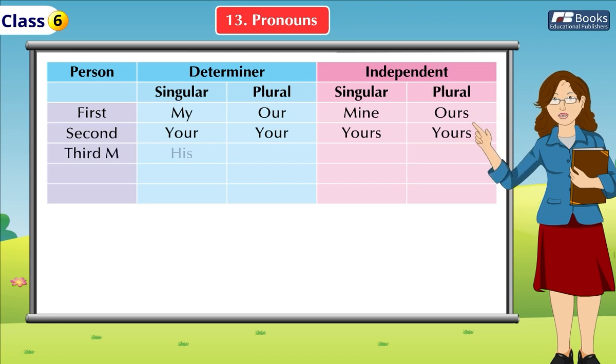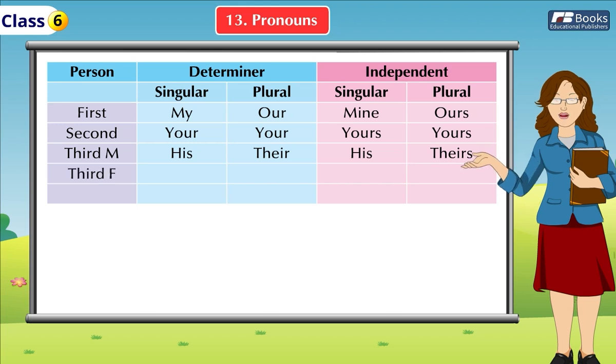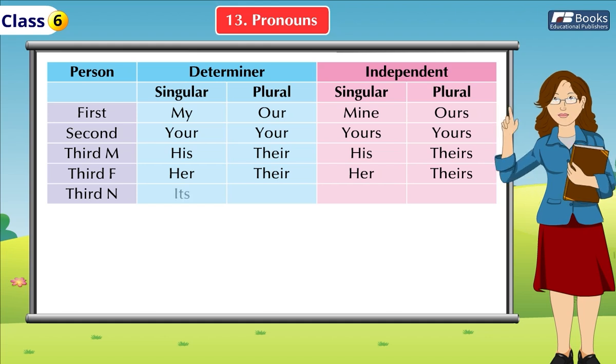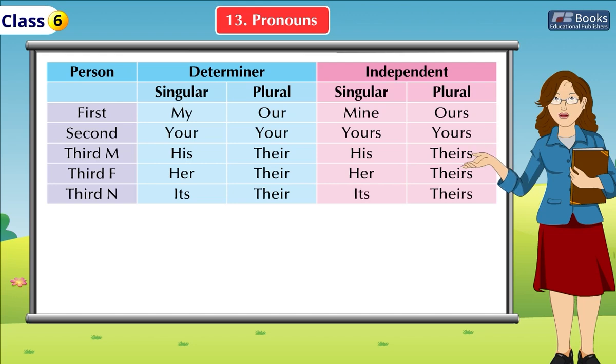Determiner, singular his, plural their. Independent, singular his, plural theirs. Person, third, female. Determiner, singular her, plural their. Independent, singular hers, plural theirs. Person, third, neutral. Determiner, singular its, plural their. Independent, singular its, plural theirs.